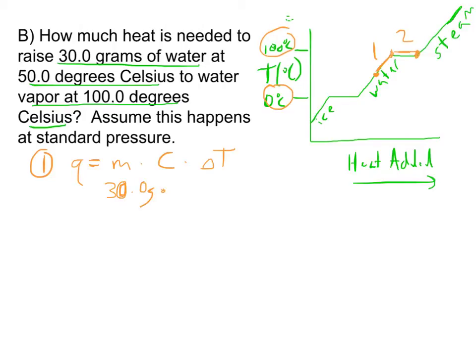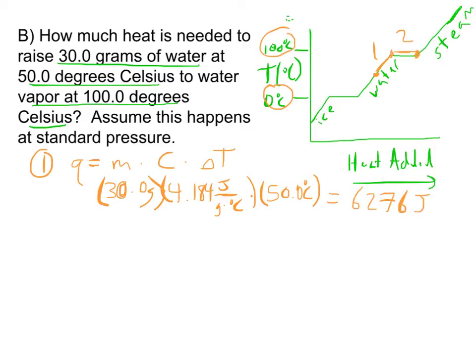Specific heat of water, you should have it memorized by now, is 4.184 joules over grams times degrees Celsius. And the change in temperature is you're going from 50 degrees Celsius to 100 degrees Celsius, so it's an increase of 50.0 degrees Celsius.